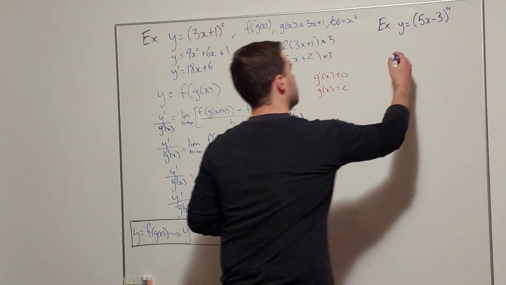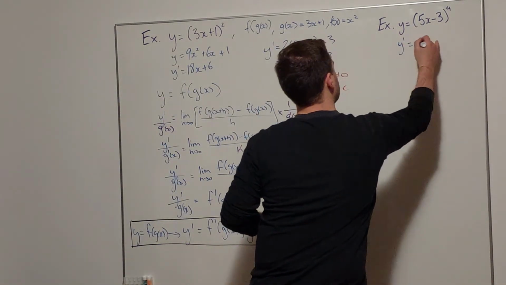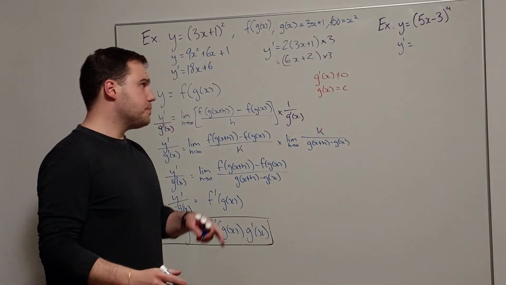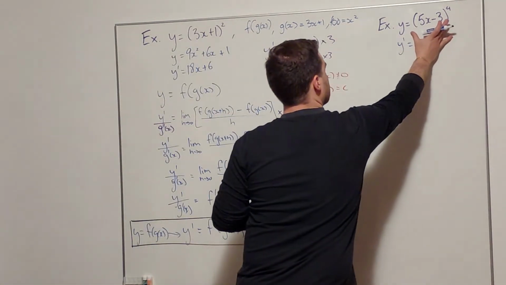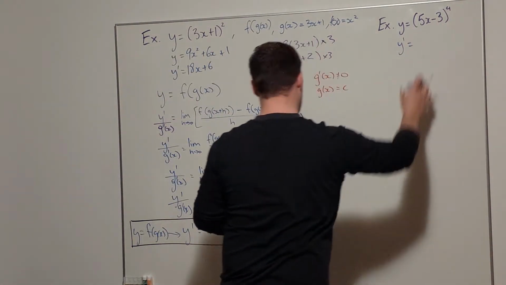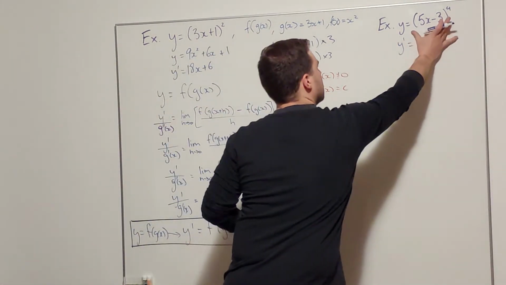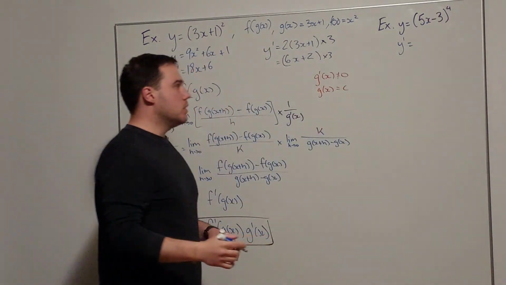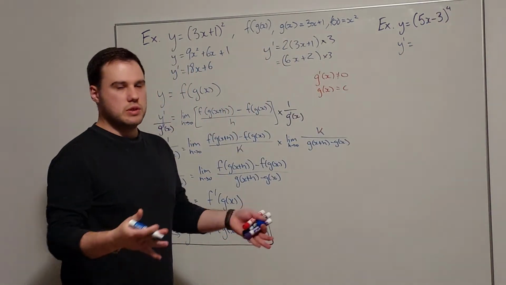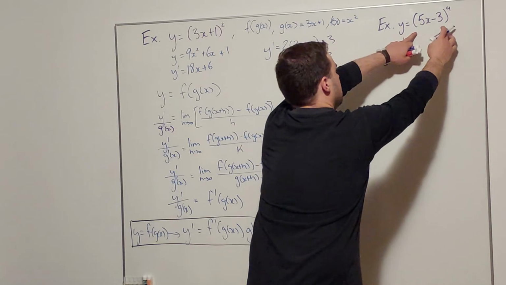So the derivative of this is going to be, well, we've got 5x minus 3 as our g of x function, inside our f of x function, which is our brackets to the power of 4. So we're firstly going to ignore what's inside the brackets and just apply the power rule here.